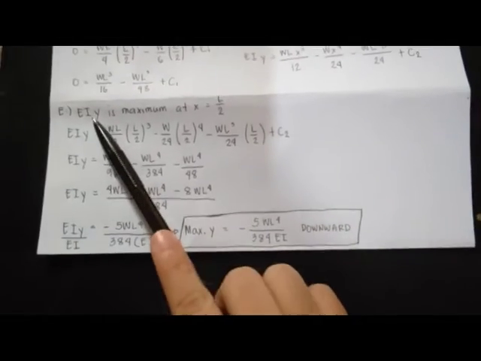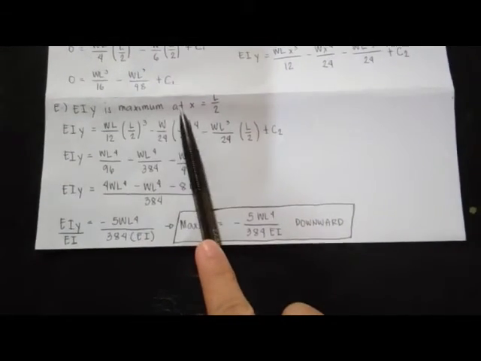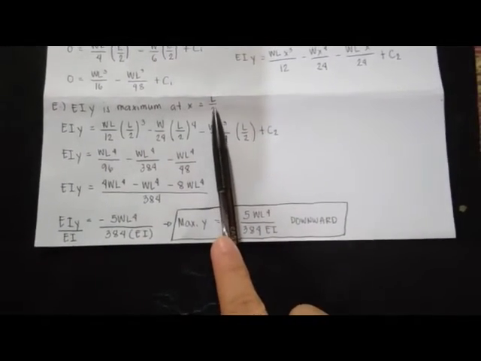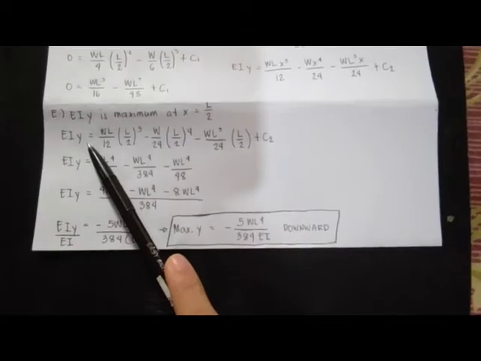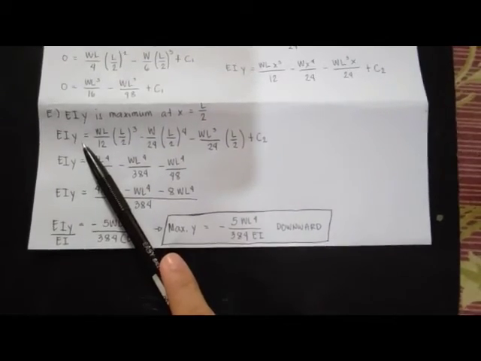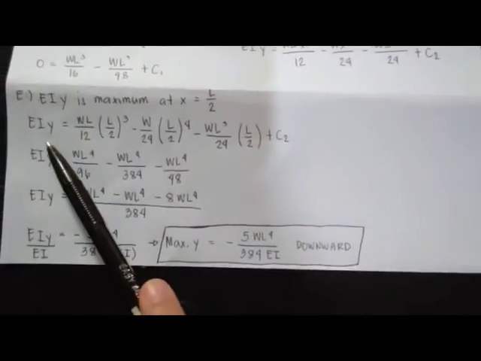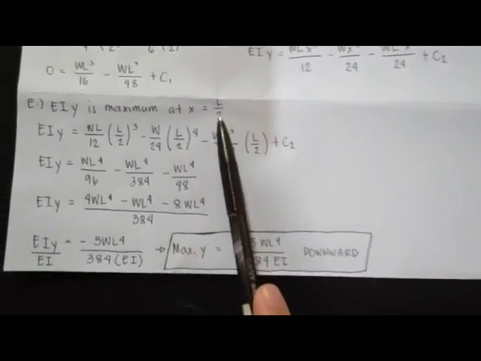So, EIY is maximum at x is equals to L over 2. Then, EIY, yung formula na na-conclude natin kanina, which is eto, ay isa-substitute natin yung x sa value ng L over 2.